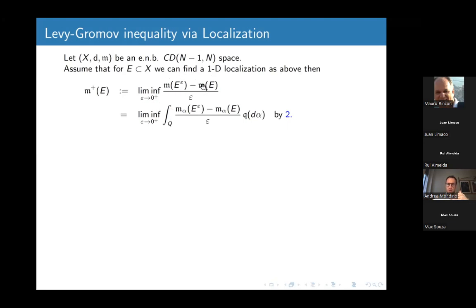So you are taking the volume of the epsilon neighborhood of E, you divide by epsilon, and you let epsilon go to 0. And this is roughly, if E is a smooth subset inside R^n, you converge to the boundary measure of the set. Okay. Now we use that we have this partition of the measure m, by saying that such a measure m can be written as the integral over Q of the measures m_alpha. So we just replace m with m_alpha integrated with respect to q here and here.